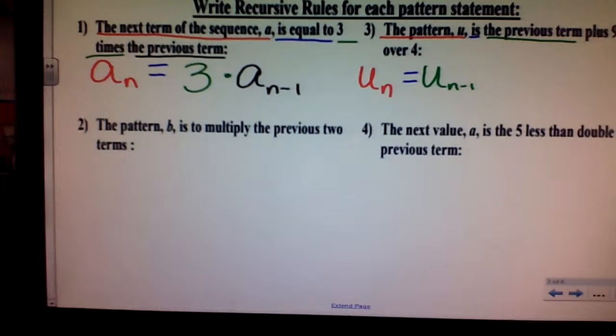If you put A, I would not mark it wrong. I am notorious for using A instead of the letters they tell me. So if you wrote that as A sub N minus 1, I would not mark it wrong. Because it says plus 9, and they said all of that over 4. So all over 4 means divided by 4.